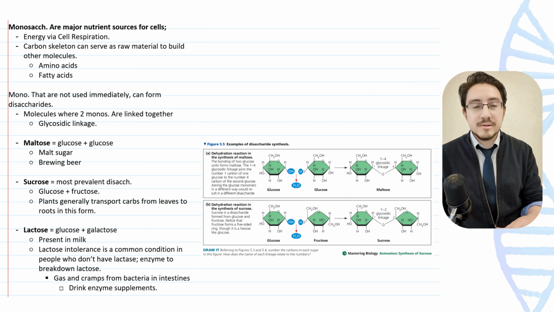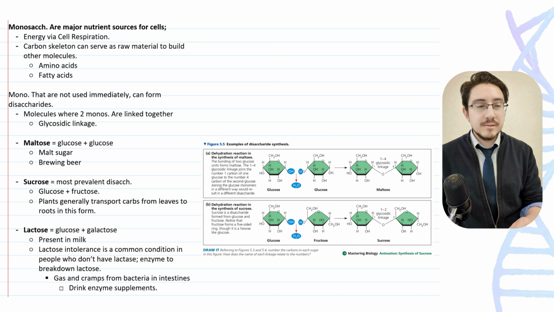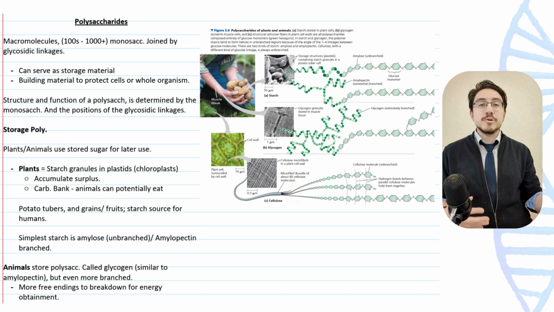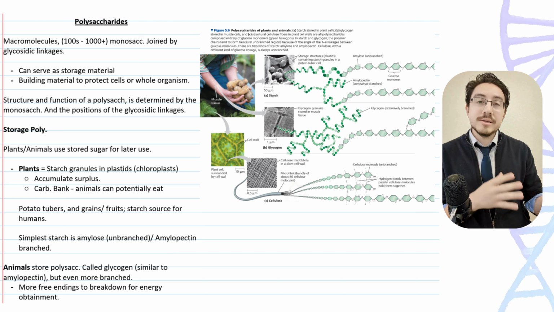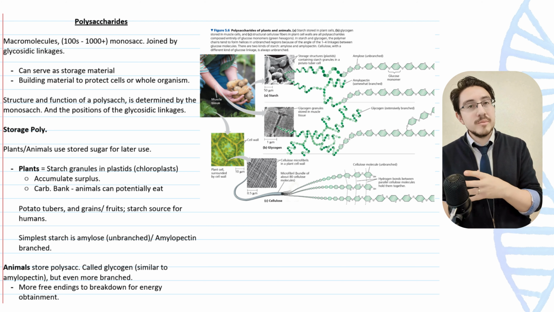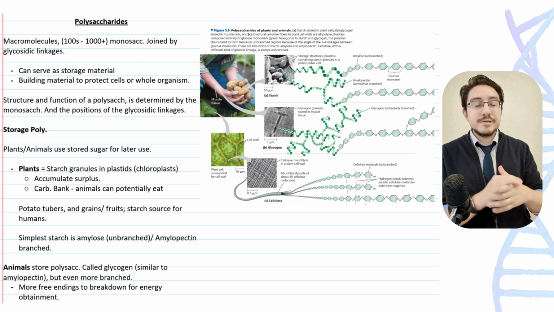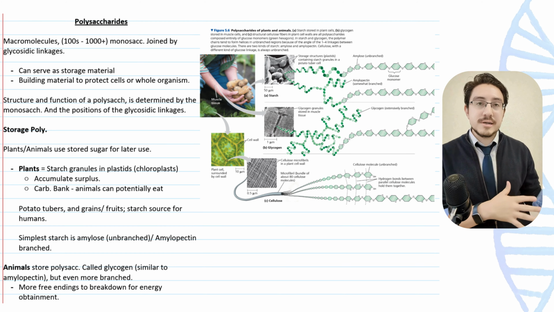Moving on to a larger group of carbohydrates, you have the polysaccharides. These are macromolecules that can go from 100 monomers to 1,000 and more monosaccharides joined together by these same glycosidic linkages.